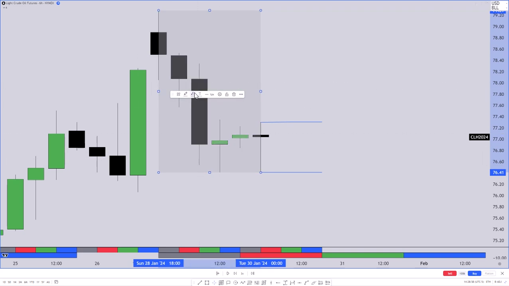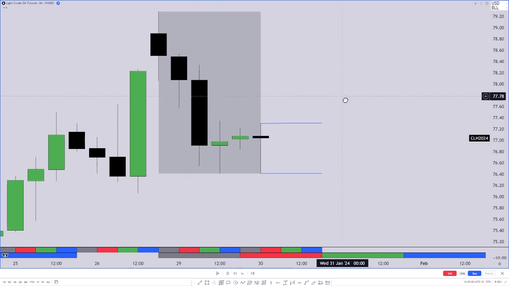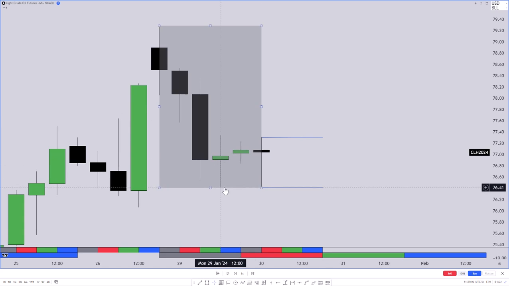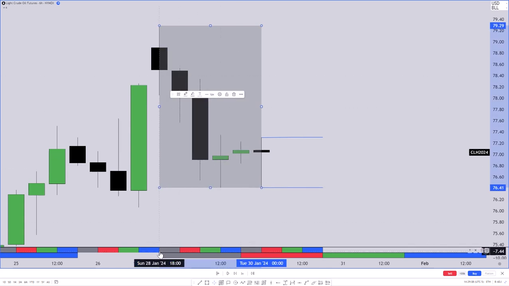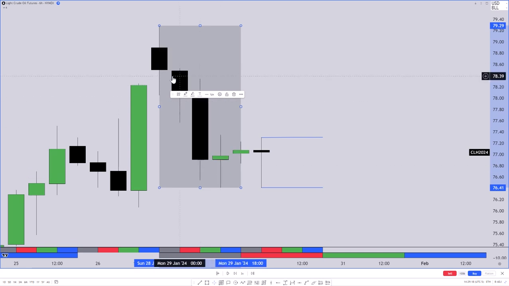So if I can increase these and make it like this, right? This would simply be Monday from 6 to Tuesday. Okay, this is our range. This is our dealing range, right? It's a full 24-hour range whereby we got how many candles? 1, 2, 3, 4. It's a full quarter range, right?